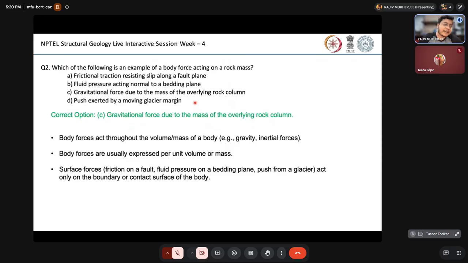The force may remain the same, but the stress will depend heavily on the orientation with respect to the normal to the plane. That's how we can resolve the shear and the normal stress components.